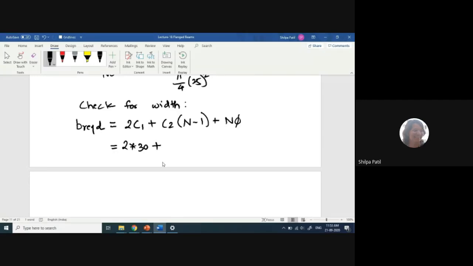So normally the nominal maximum size of aggregate is taken as 20 mm plus 5, so that is also coming 25. So C2 will be 25. So this is 25 into bracket n, where n is the number of bars, which is 4 here, minus 1, plus 4 into the bar diameter 25. So B required value, tell me the value.